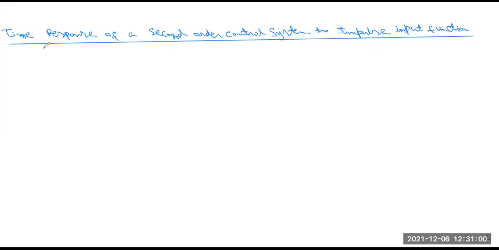So we know that for the unit impulse input function, the expression is R(s) equals 1.